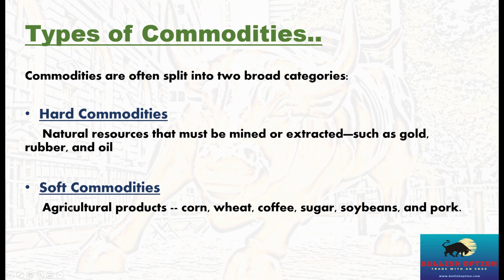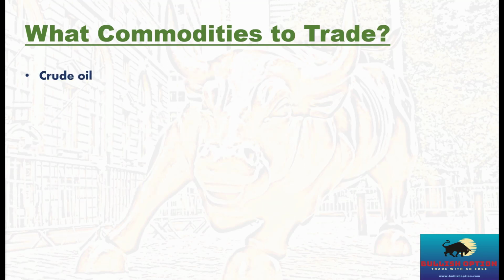Soft commodities are also given by nature, but these are produced by man mostly. These are mostly agriculture products such as corn, wheat, coffee, sugar, soybean and pork. So these are soft commodities, and these are two broad categories which are generally used to categorize different commodities in the market.